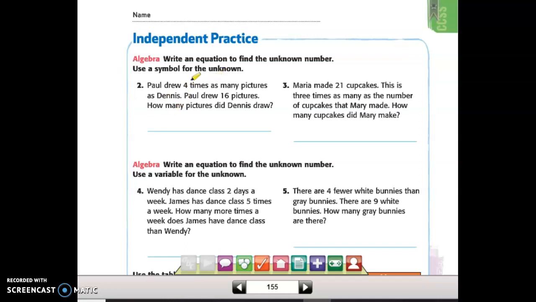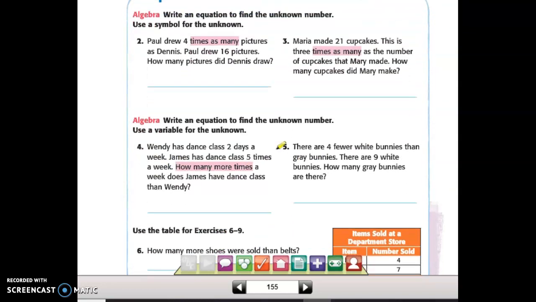You'll probably be referring back to it because these key words come up in each of the problems, and you'll need to know them in order to set your equation up properly. You'll need to refer back to that chart and use that to help you write the equation before you just find your answer, because I will be looking for the equations, not just an answer written on the line.